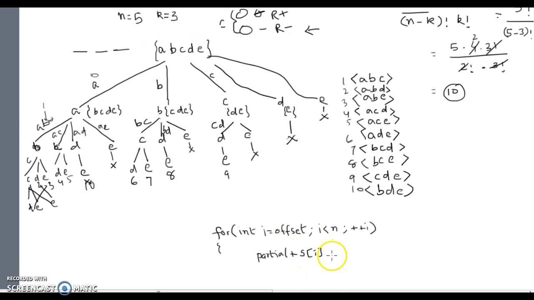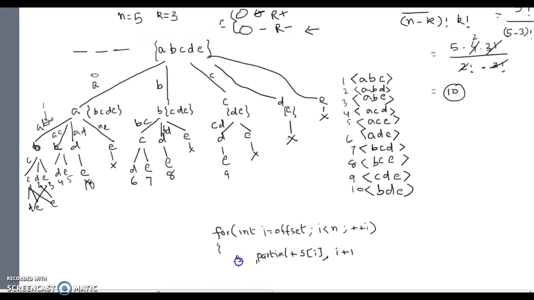And for the next character in our subset, we have to select the next value after i. So that would be i plus 1, so the offset would be increased by 1. Those are the two major points that we have to be careful about.